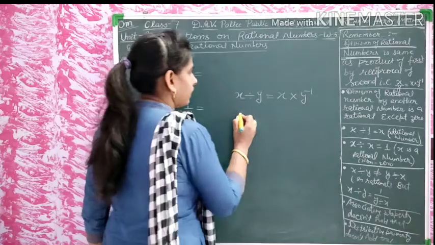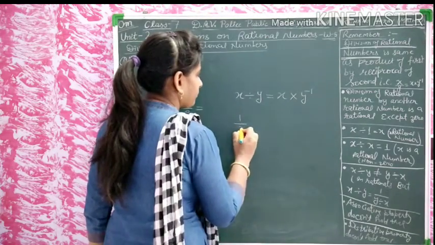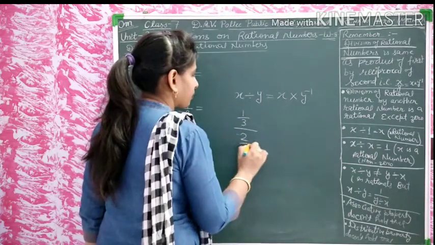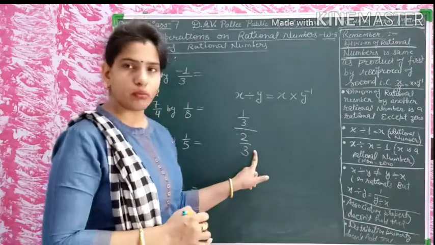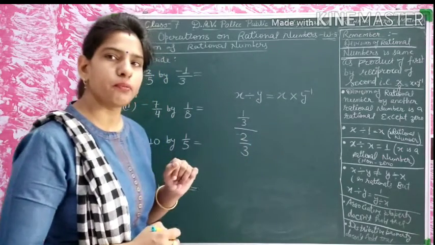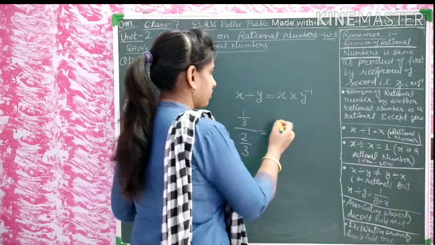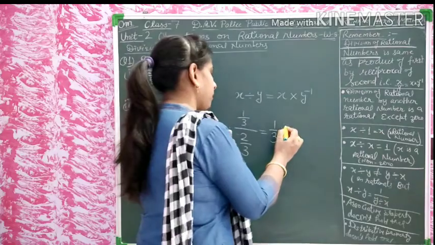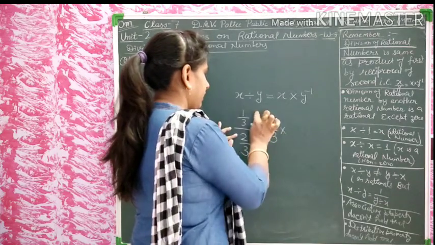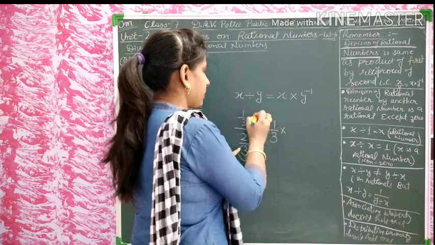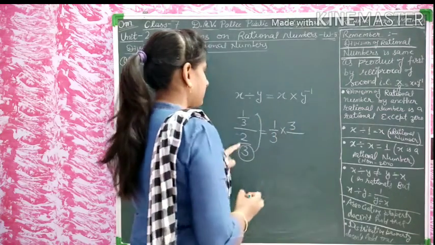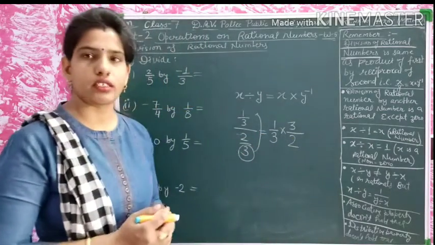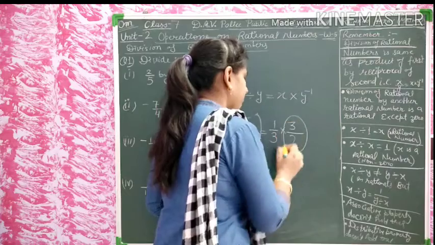Students, you know 1 by 3 divided by 2 by 3. You want to divide both the terms. Then what will you do here? Yes, as you have already done in the previous classes, to solve these types of problems we multiply, so that the denominator becomes the numerator and the numerator becomes the denominator.